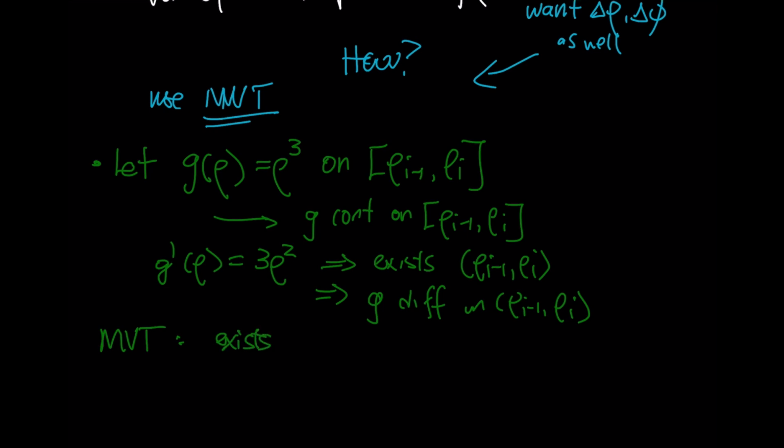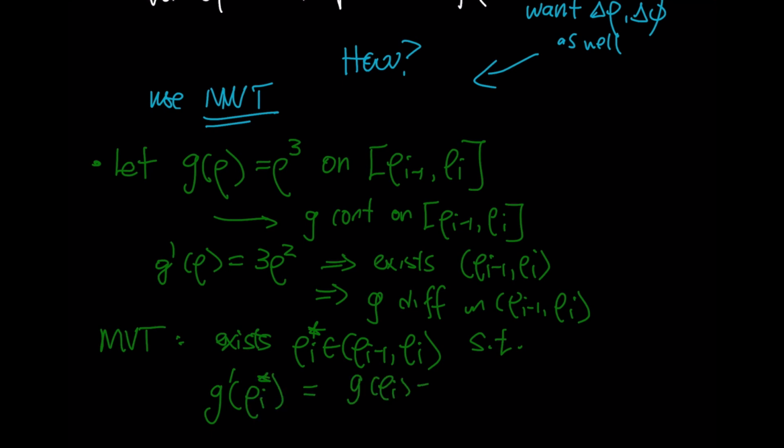There exists some rho i star somewhere between those two points on the open interval, so that the derivative of my function at that rho i star is going to be g of rho i subtract g of rho i minus 1, all over rho i subtract rho i minus 1.